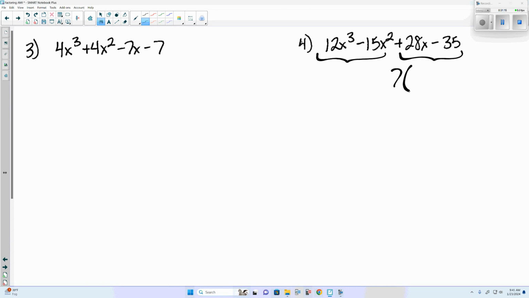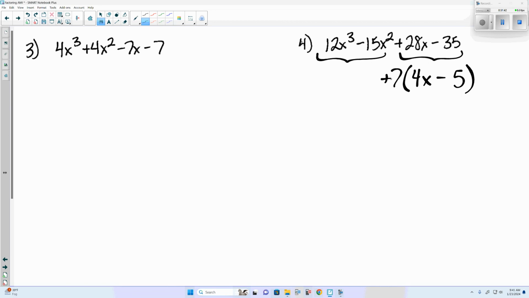Let's finish this up and then we'll talk about that. If we factor out the 7 from 28, we have 4, and we still have an x. Minus, if I take 7 out of 35, we have 5. And we're factoring out a positive 7.